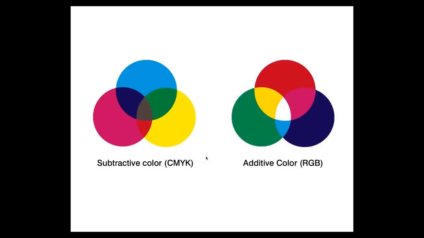So the one on the left is a subtractive color system, and the one on the right is an additive color system. Now, the difference is that one is for RGB and one is for CMYK, so therefore one is for screen and one is for print.